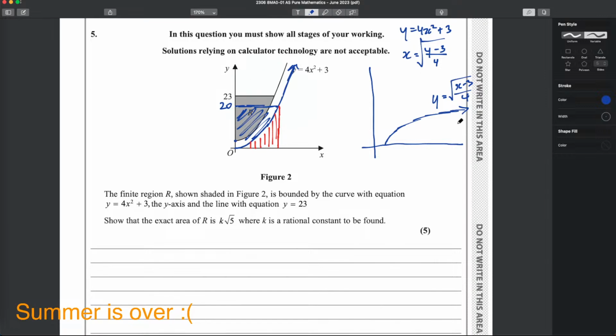And maybe we'll look at this. So I'm looking at this now and I kind of want to do it. So it's to the power of a half. It's actually not that bad, is it? Because you could just write it as a half x take 3 to the half.